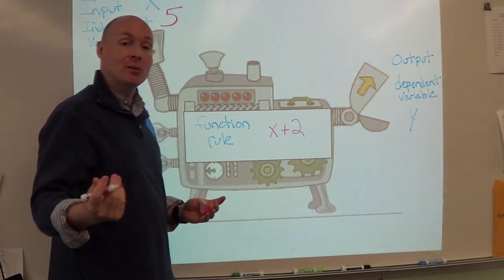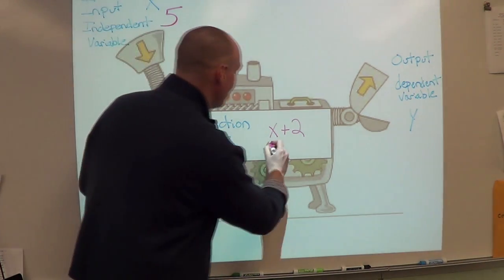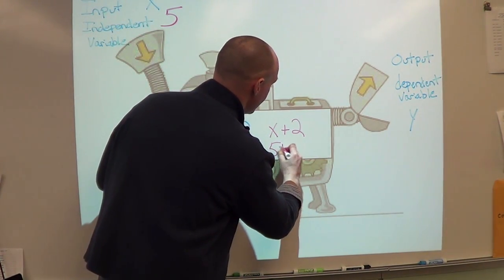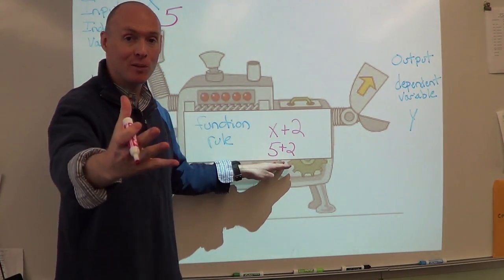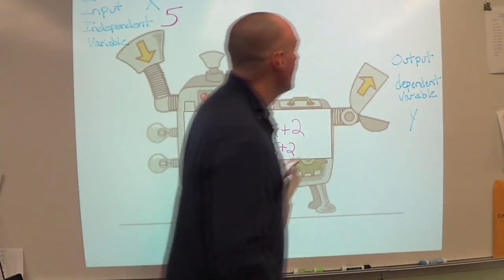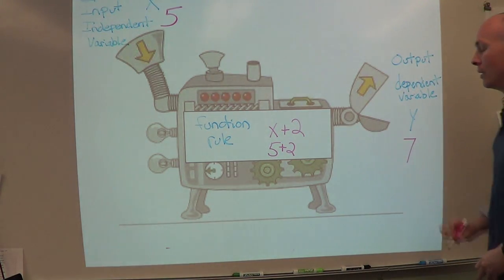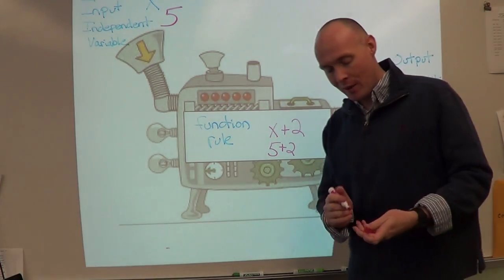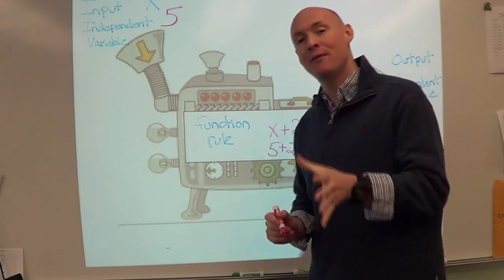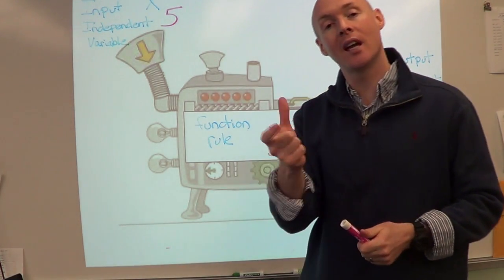And instead of X, I'm going to take whatever X is, which is 5, plus 2. 5 plus 2 is 7. So therefore my dependent variable, or my output, is 7. So that's how these work. Probably very similar to those input-output tables you had. We're just going to kick it up a notch today.